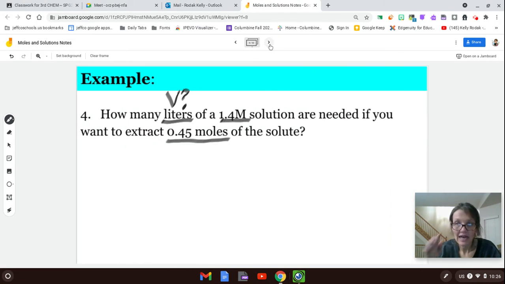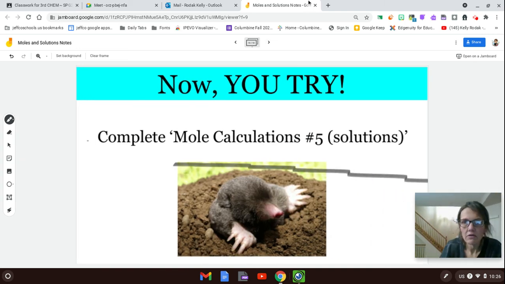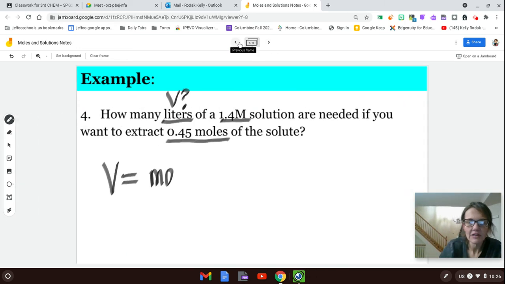Again, I'm trying to help you guys out and show you how to solve the equations before you plug in the numbers. I think that'll cause a little less hassle for this year. So volume is going to be equal to the moles divided by the molarity. Okay, so we're just going to plug in our numbers.